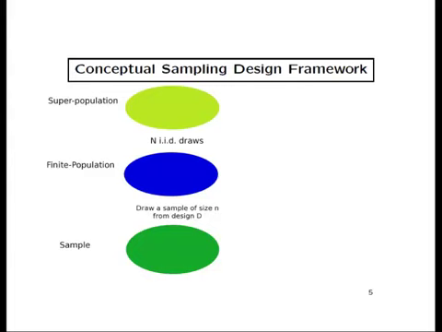Now once we have that fixed, we then draw the sample from the finite population of interest, of size n according to some sampling design D. That could be stratified sampling or simple random sampling or some other form, but we have some design mechanism D. Now keep in mind, we're going to assume throughout, this is a major theme, that this D is either unknown or very complex.